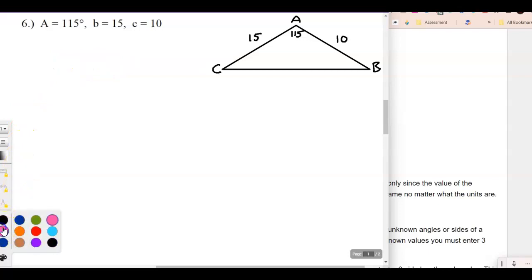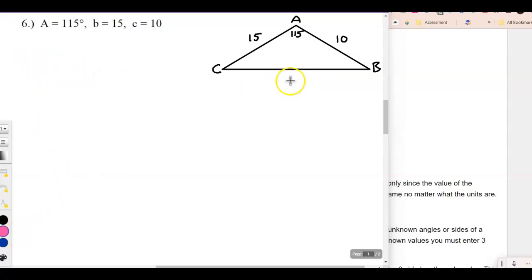And once again, you get to pick which angle you want to find, C or B first. It doesn't matter. We can also find side A. There are lots of options here.